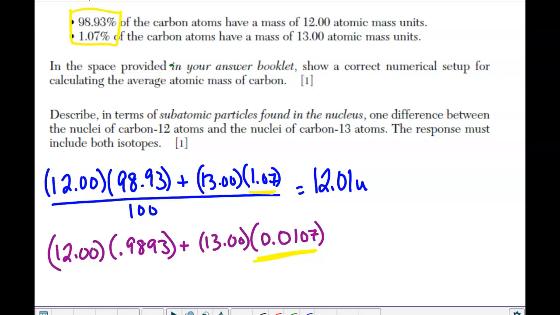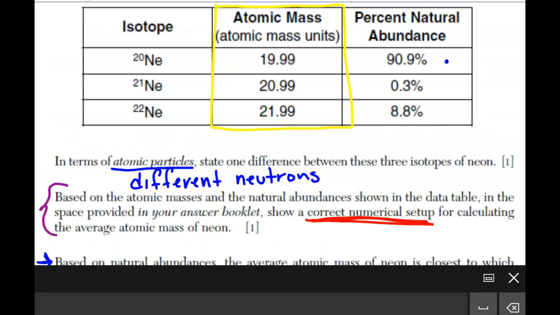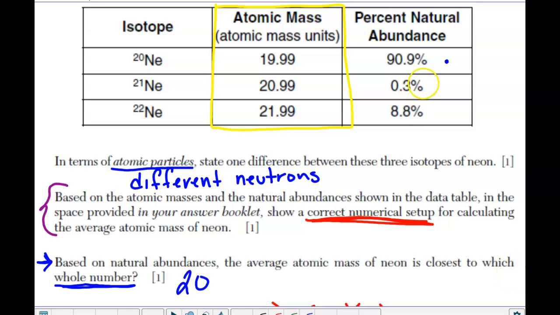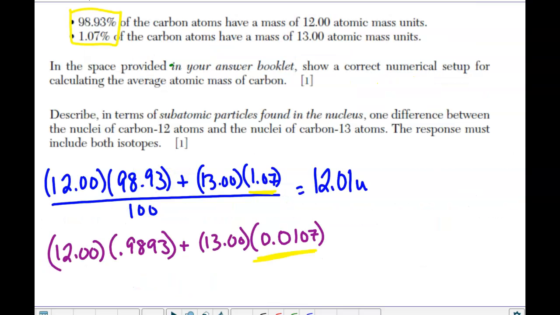Or like in this question, where we have this 0.03%, the decimal percent for 0.03 is 0.003. And kids very often make that mistake. So I usually like to just do it this way. Keep the numbers the same, just divide by 100 at the end, and you'll always get the right answer there.